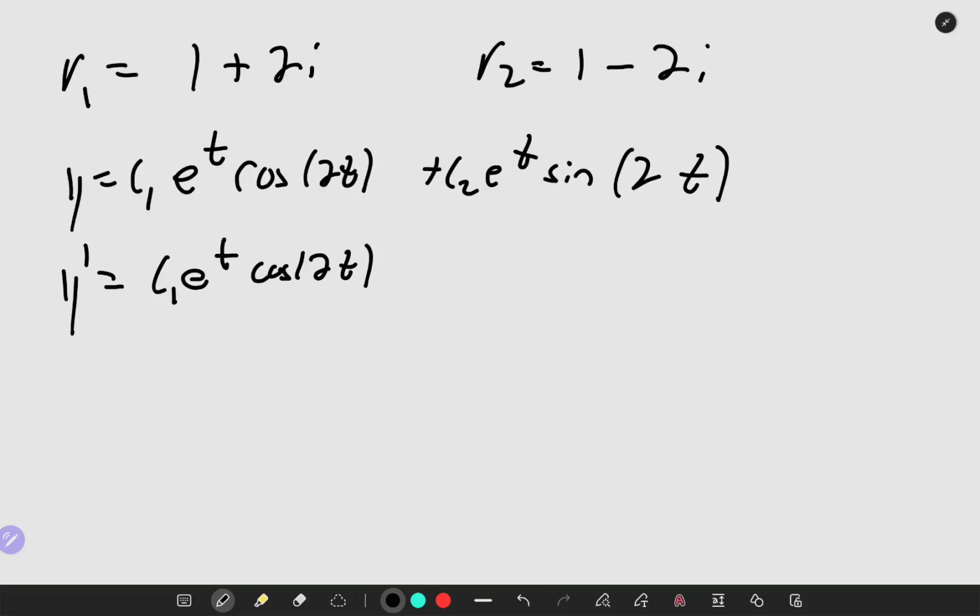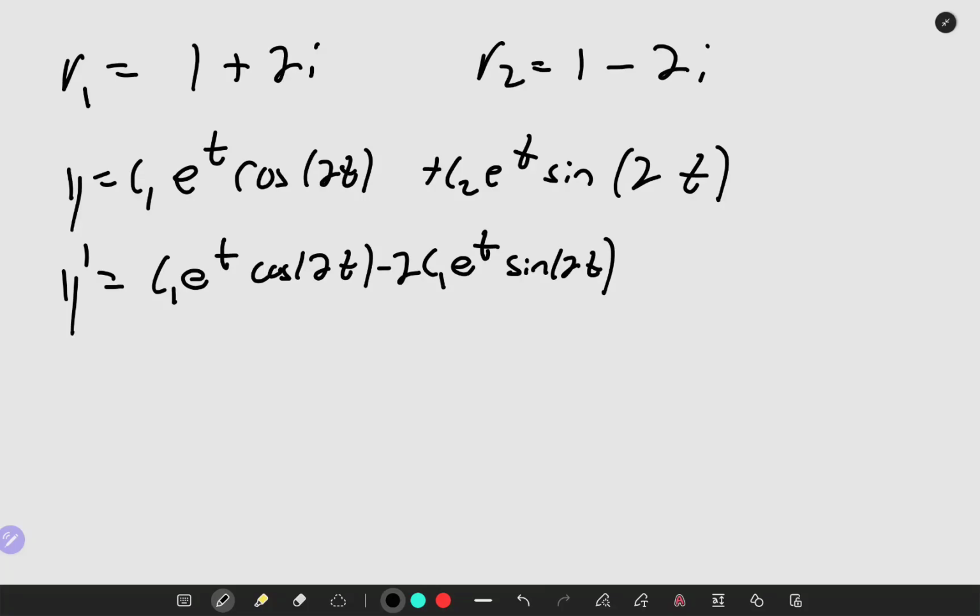So then we have to do the first times the derivative of the second. Derivative of cosine is negative sine, so this negative is going to come out. c1 e to the t times sine, 2, that 2 comes out as well. Sine of 2t. Right, because you have to do chain rule, so that 2 will come out.